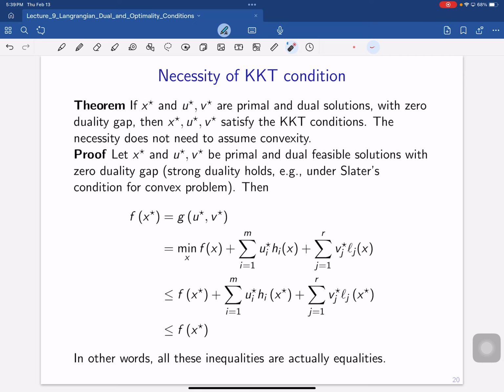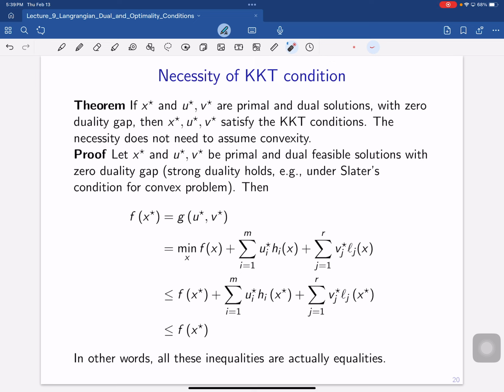The Lagrangian dual function is the minimum of this function, so at the minimum it must be less than or equal to the value at x star, because you are taking the minimum over x, so it must be less than if I pick the optimal x.